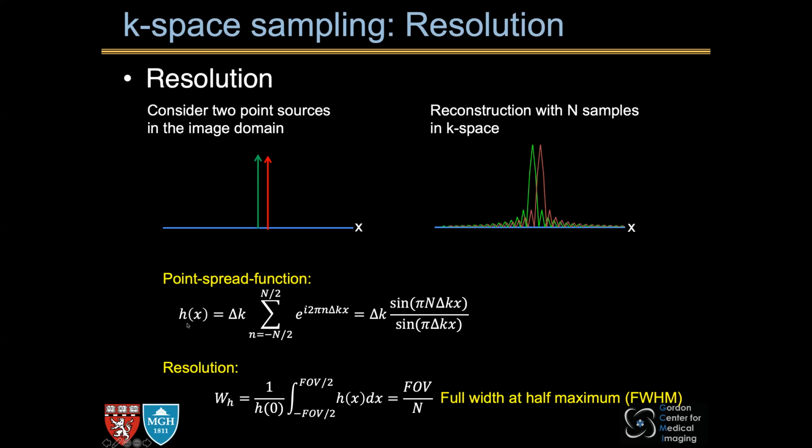If we plug in this point spread function and calculate the resolution, it turns out to have a very simple relationship with the field of view and the number of samples: the resolution is basically the field of view over the number of samples. So in some sense, it is very intuitive. Okay, this is the mathematical characterization of the resolution of the reconstructed image.